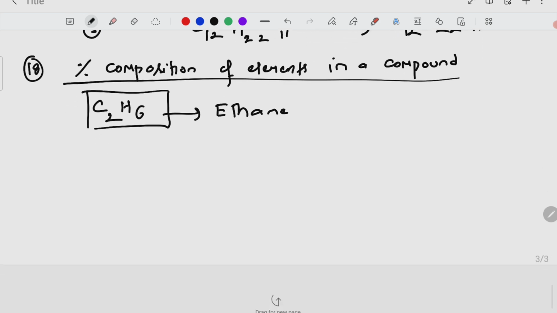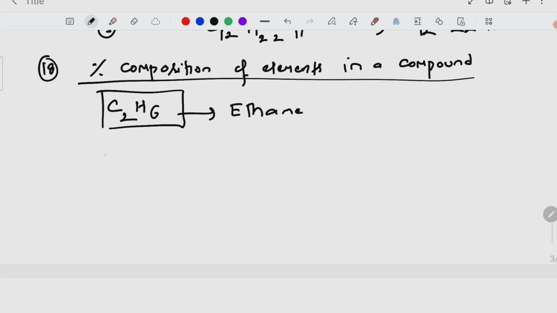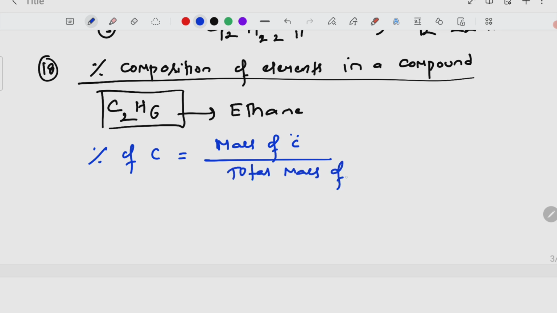So how do we calculate here? Percentage calculation, see. For example, the percentage of carbon is equal to the mass of carbon in the given compound by the total mass of the compound, into 100.